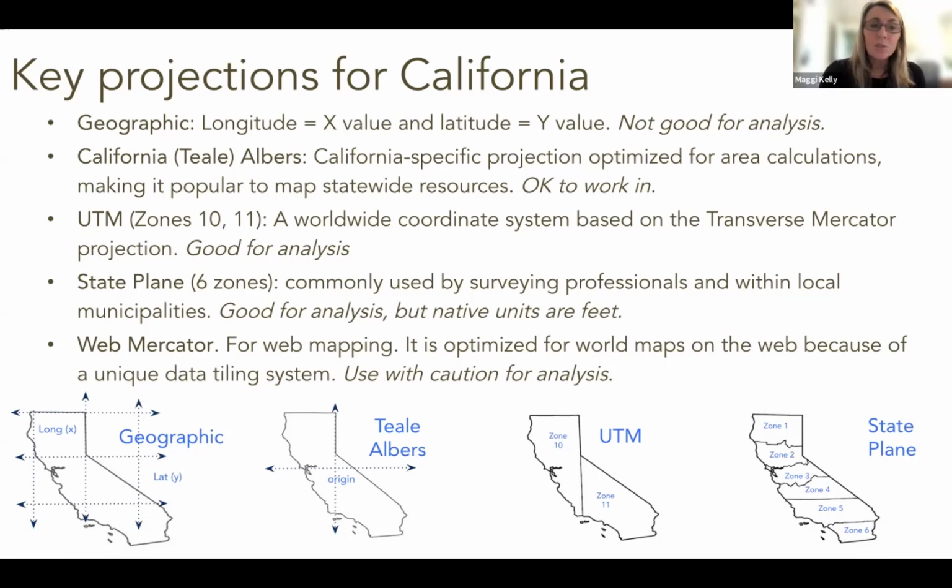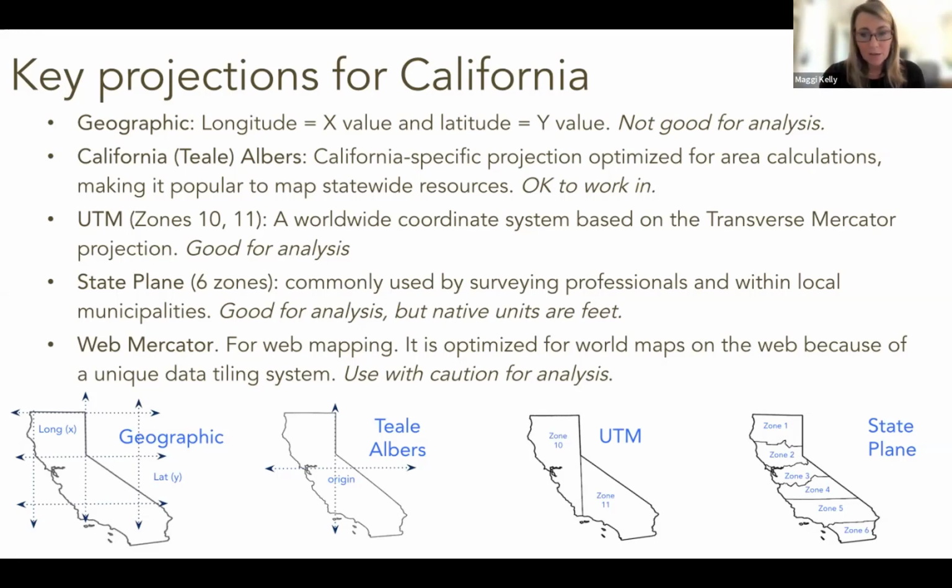The next one is UTM, Universal Transverse Mercator. This is a worldwide system that essentially takes that globe and splits it into sections or gores, and each of those sections gets its own projection. And so California is split between zone 10, that's section 10, and section 11. This is also a good one for analysis.